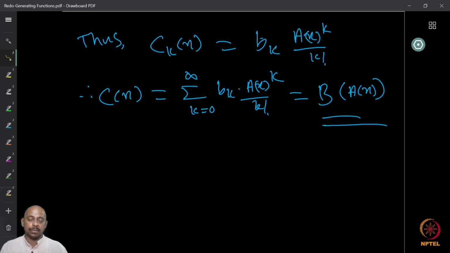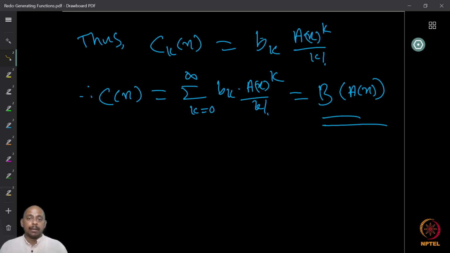So summation k equal to 0 to infinity C_k(x) will give the generating function C(x), which is what we do here: summation k equal to 0 to infinity B_k into A(x) whole raised to k by k factorial. But what is this?